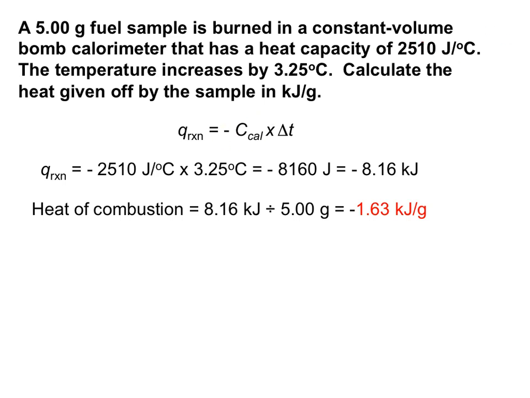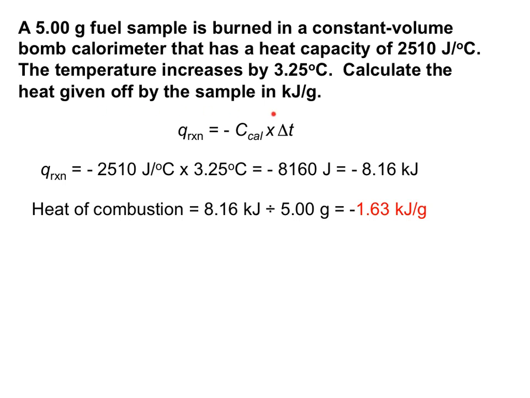Remember that this C value is for the calorimeter, the instrument used to run this reaction. So even if they don't tell you it's a constant volume or bomb calorimeter, you can get the hint based on the units associated with the calorimeter. Now that we understand that, let's look at what they want us to figure out.